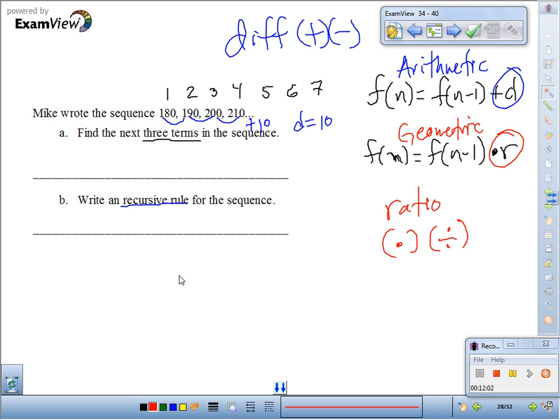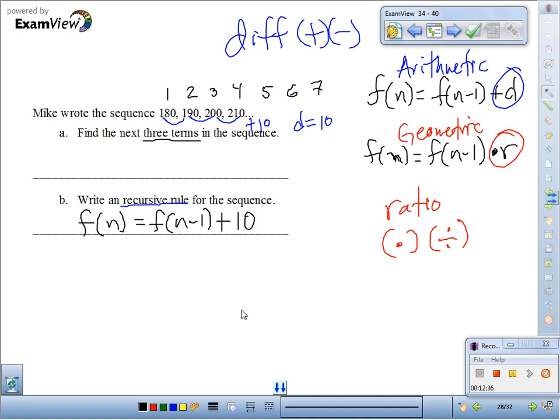So what is the sequence doing here? Audrey. What is it doing? Adding. So what kind of sequence is it? Arithmetic or geometric? Arithmetic. So we're going to write here our recursive rule. Here we go. F of n equals f of n minus 1 plus what?